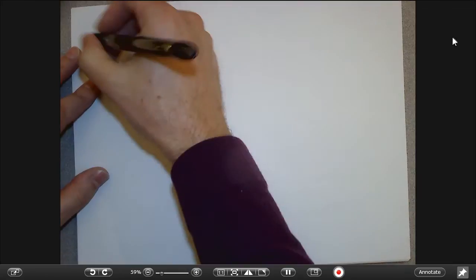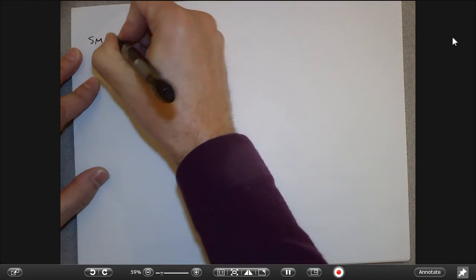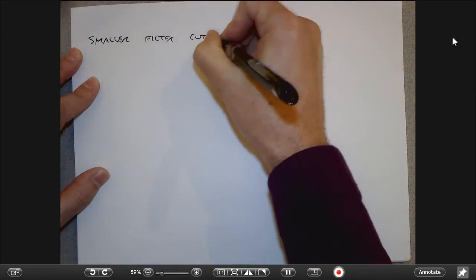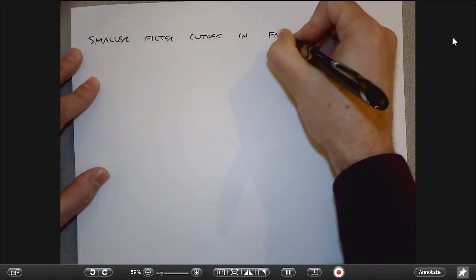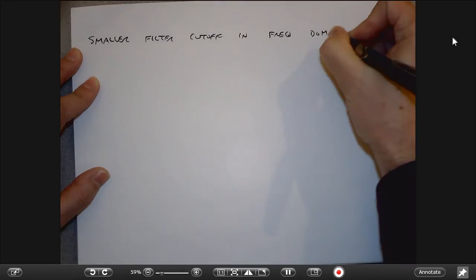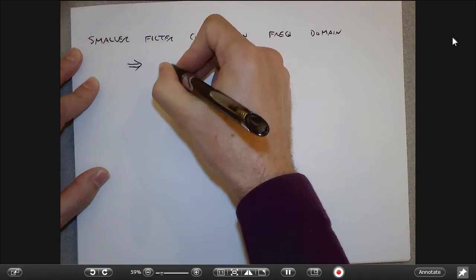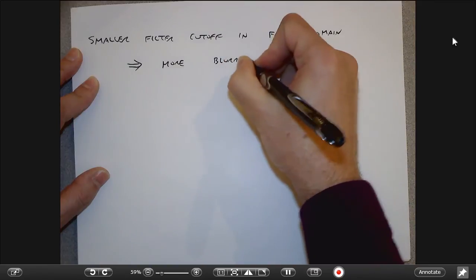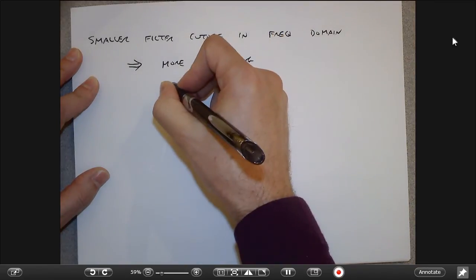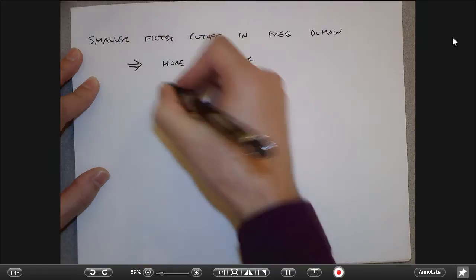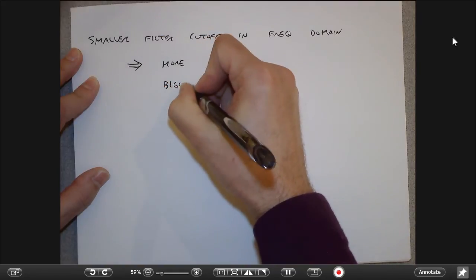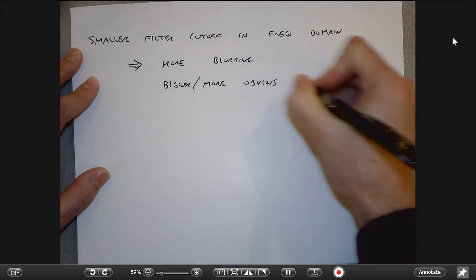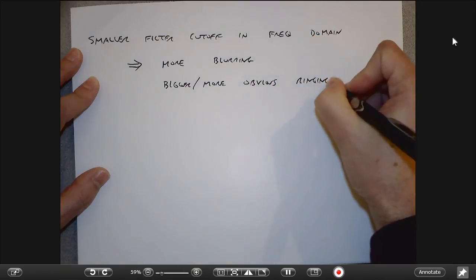So the summary of what we saw visually was, a smaller filter cutoff in the frequency domain leads to both more blurring, but also bigger, more obvious ringing.